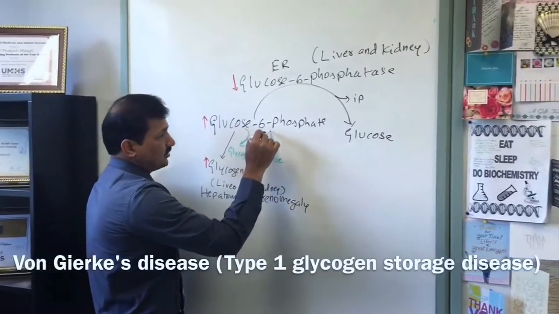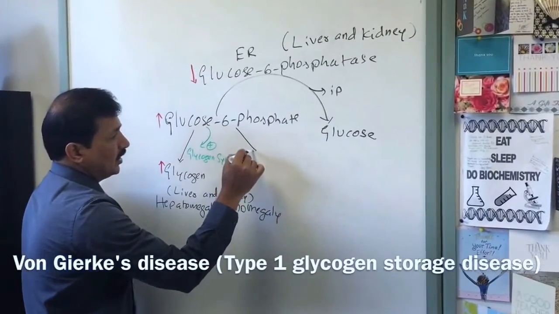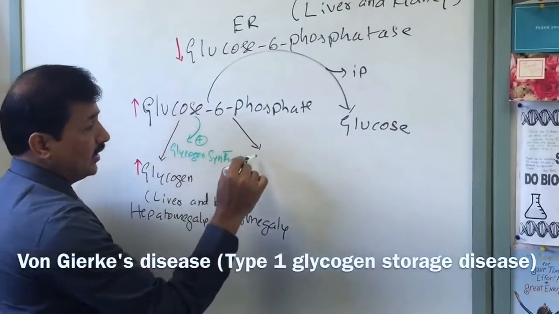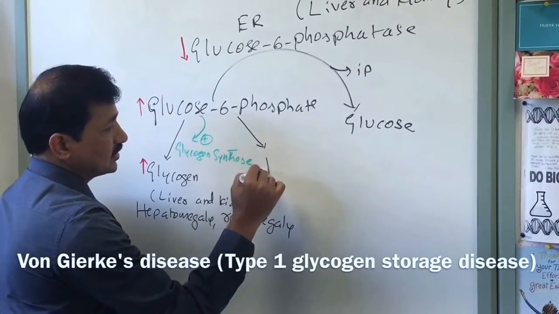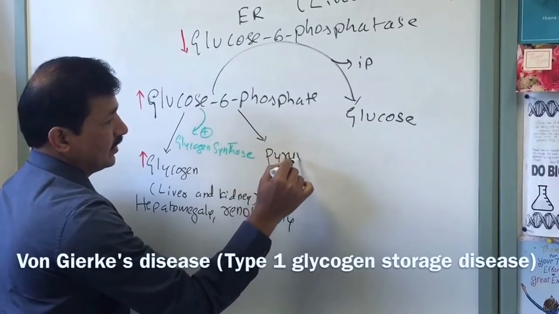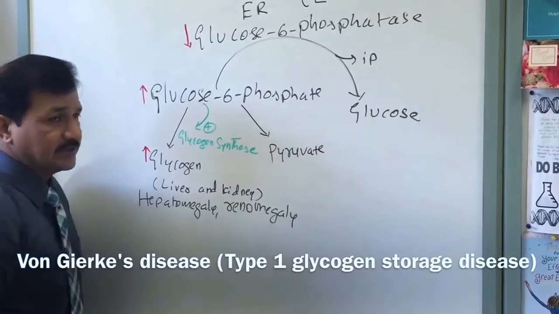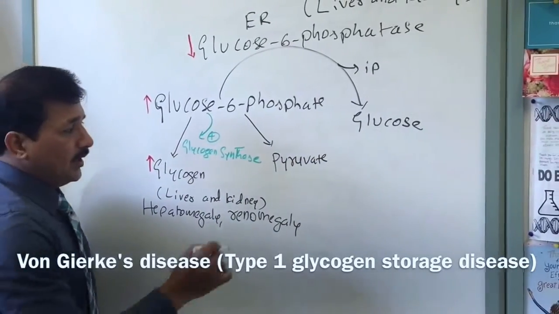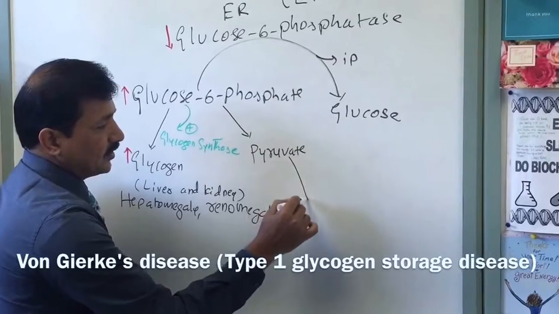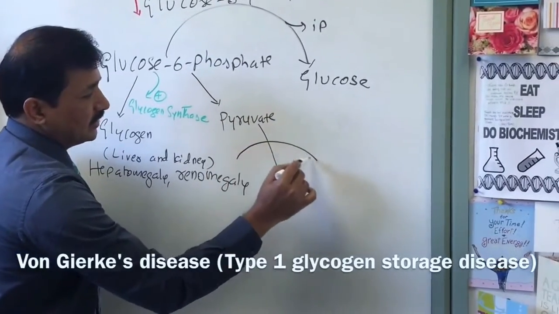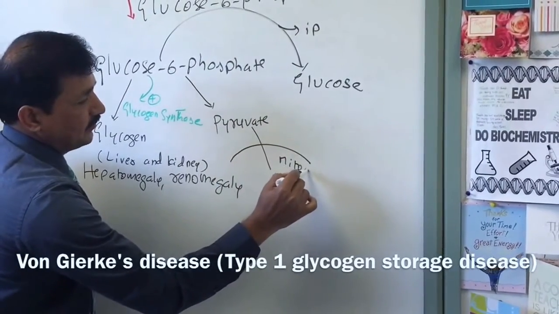Now the glucose 6-phosphate can run down into glycolysis and form pyruvate. Now pyruvate gets into the mitochondria. As you all know, one of the fates of pyruvate is the mitochondria.